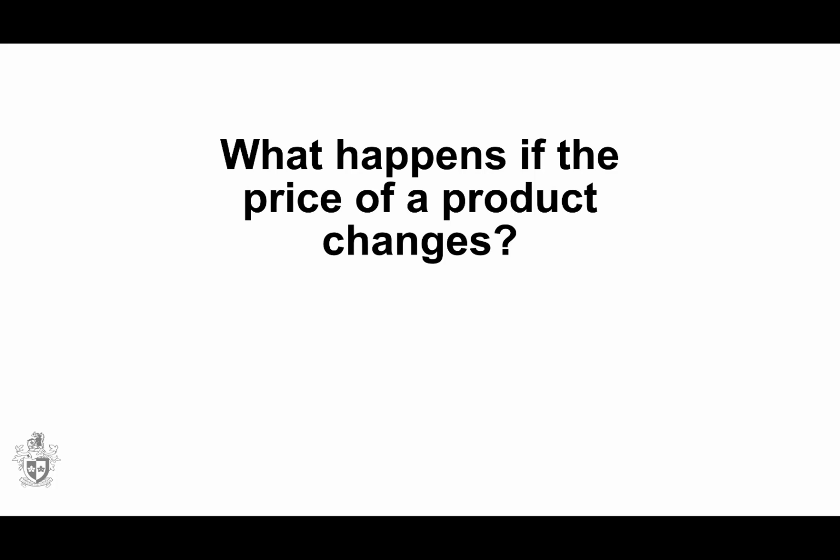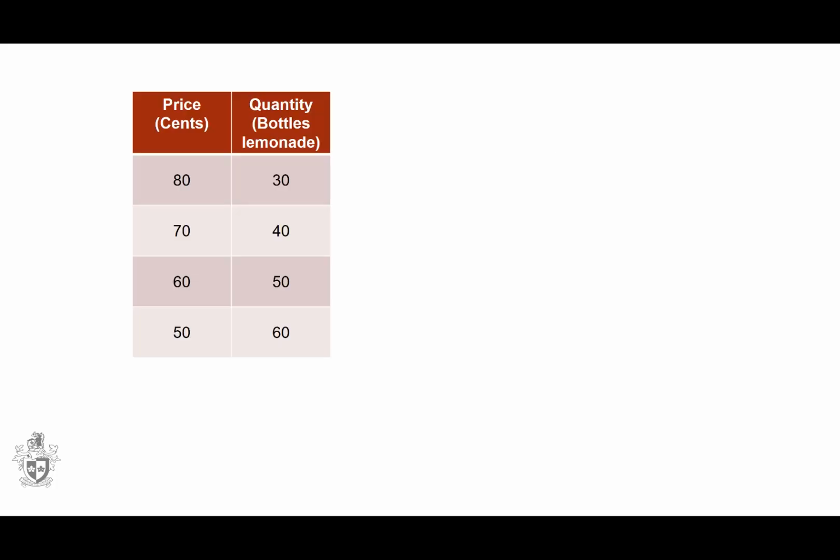Now, in order to explore this further, let's consider some data. Let's consider a lemonade market, where lemonade is sold at a beach and all the days are sunny days. After collecting some data, we might have this information.